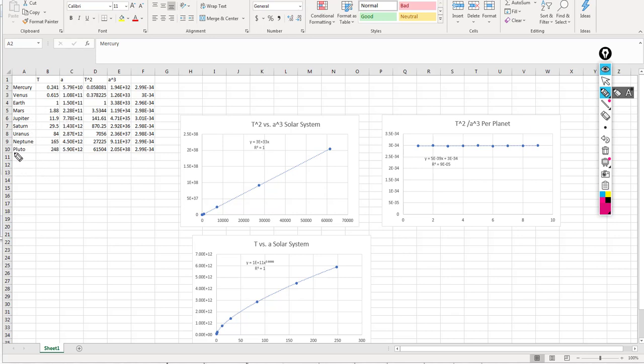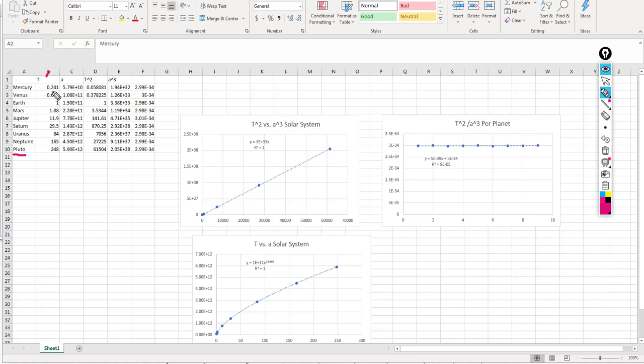And I know Pluto has been demoted, but it doesn't really matter because it still follows Kepler's laws. It's an object orbiting, and it has a semi-major axis and a period, and it follows this law. So it's a satellite.